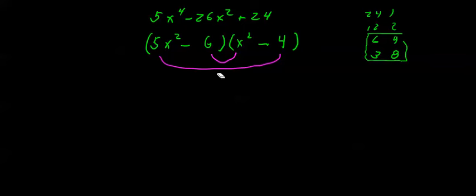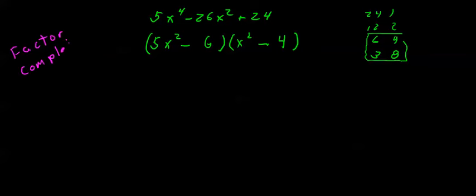But I'm not done. The directions always say factor completely. Up until now, this has not been an issue. But if I look at this, x squared minus 4 is the difference of perfect squares. Perfect square, subtraction.